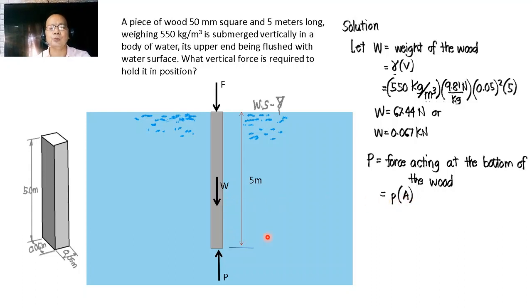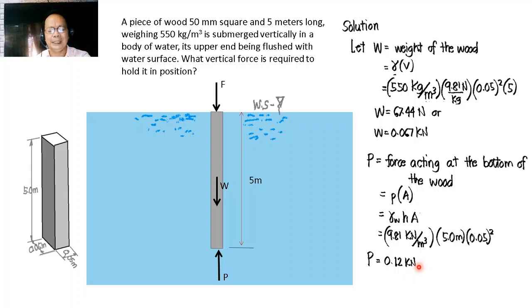This will be equal to the product of the unit weight of the water, this one, because this is the water, multiplied by the height representing this 5 meters, and the cross-sectional area. If this will be substituted with its values, we shall have 9.81 multiplied by 5 multiplied by 0.05 squared, and this gives us a value of P equal to 0.12 kilonewton. After we have solved for this P and that of W, we can now solve for this F.